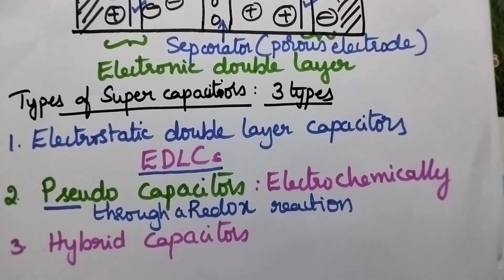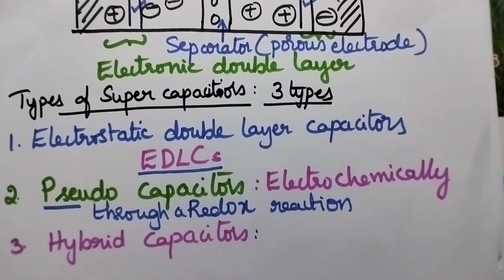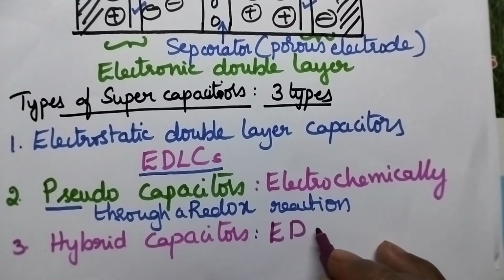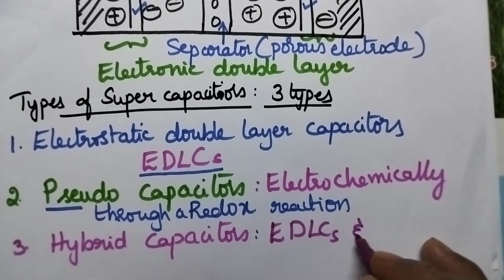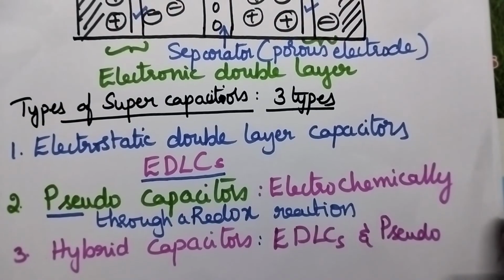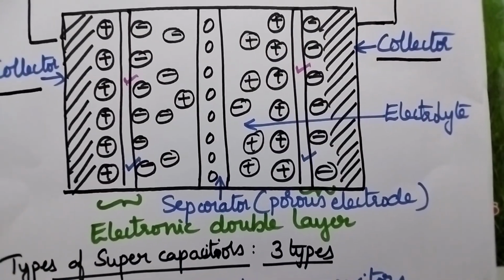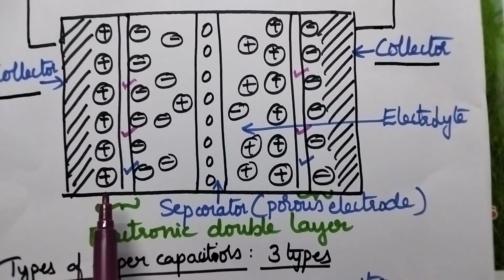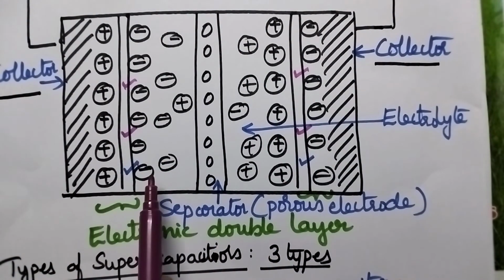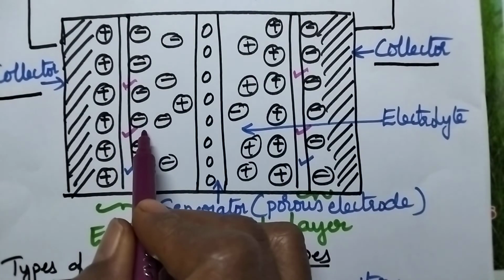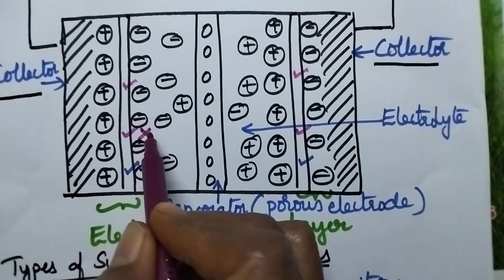And finally, moving to hybrid capacitors. Here, hybrid capacitors use the principles of electrostatic double layer capacitors and also pseudo capacitors. The electrodes are made up of metal oxide, metal hydroxide or conducting polymer, but remember that these electrodes are asymmetric to each other.